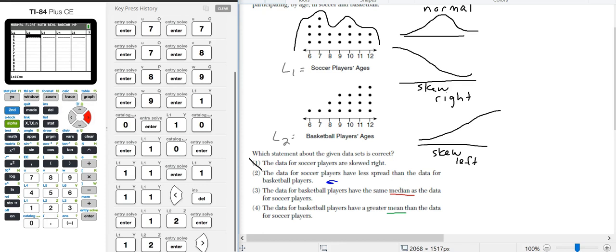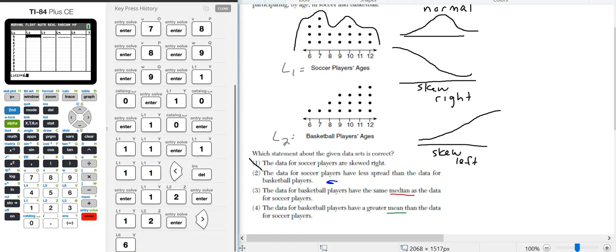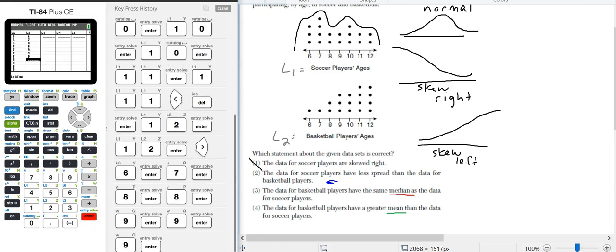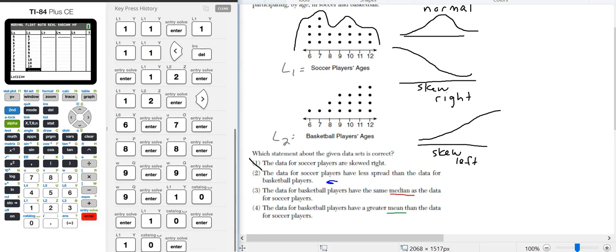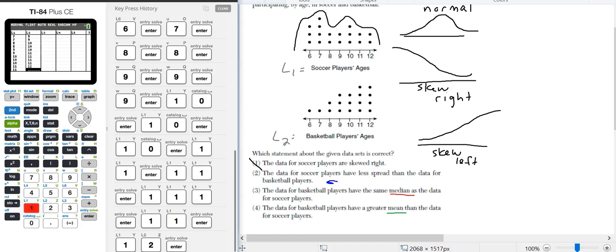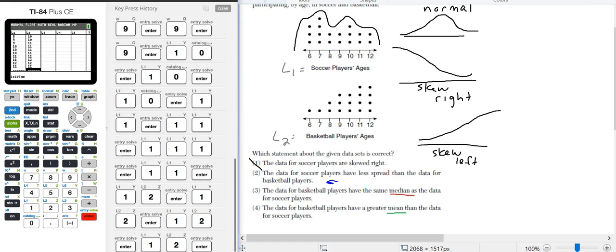And then for L2, for the basketball players, we have 1 6, 1 7, 2 8s, 3 9s, 3 10s, 4 11s, and 4 12s. Let's first do for the soccer players the standard deviation, the median, and the mean, and then we're going to do the same for the basketball players.